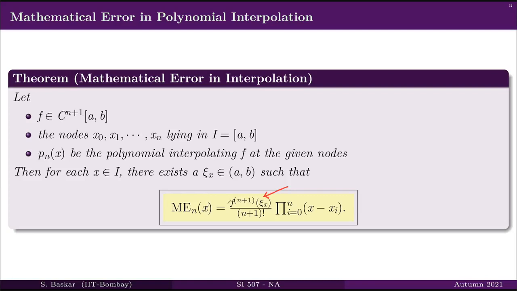In other words, if we know this extra information, then we can hope to get an estimate for the mathematical error. You should recall that we have done such estimates for truncation error in Taylor's formula also. To obtain an estimate for the mathematical error, we need a tool called infinite norm of a given function.